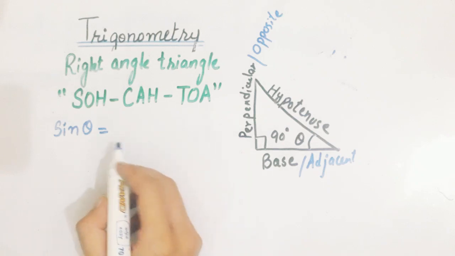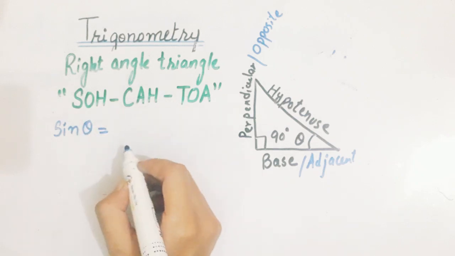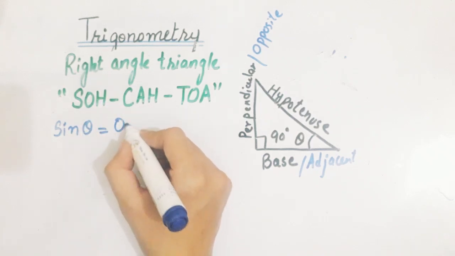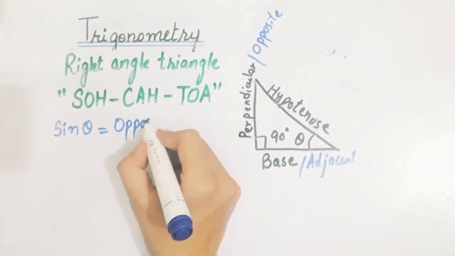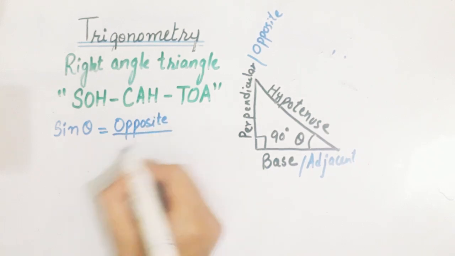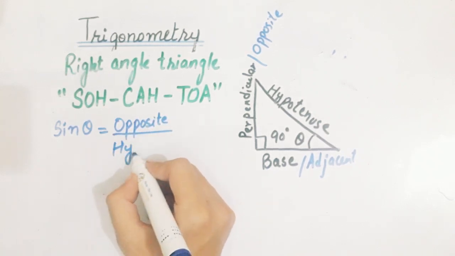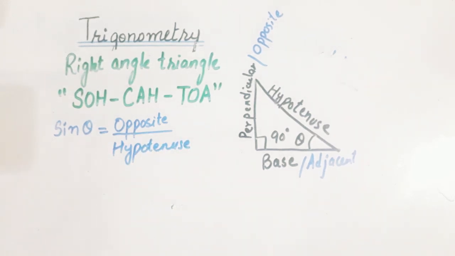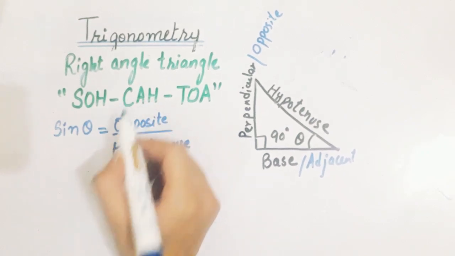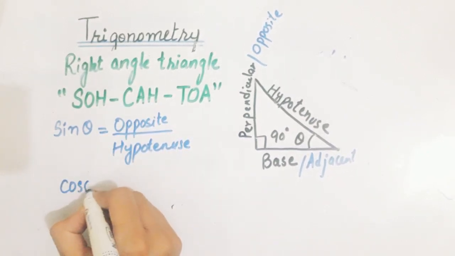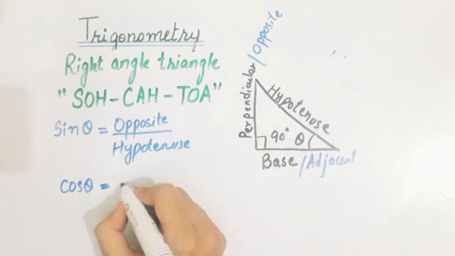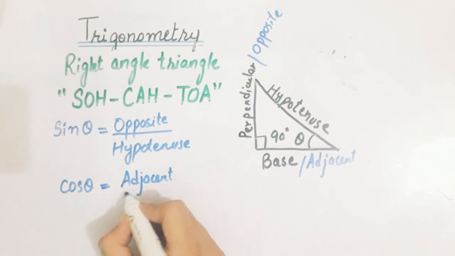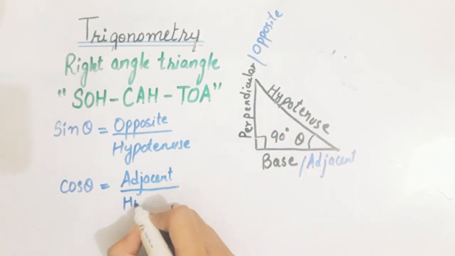So we will write the formula of sine theta, that is equal to O by H. O and H, it means opposite by hypotenuse. So this is for sine theta. Now the next one, C describes cos theta. So cos theta always equals A by H. A is adjacent and H is hypotenuse.